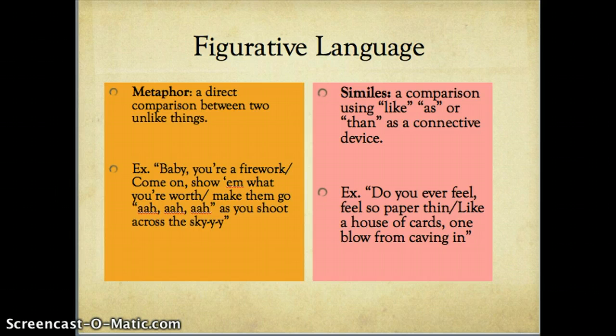If we were explicating this line, we might explain how a person can be like a firework. Katy Perry is saying that they're so amazing, right? You're in awe of how great this person is as they show how great they are, their worth as a person. You're amazing, that type of thing.